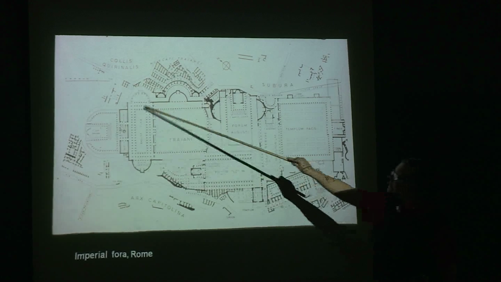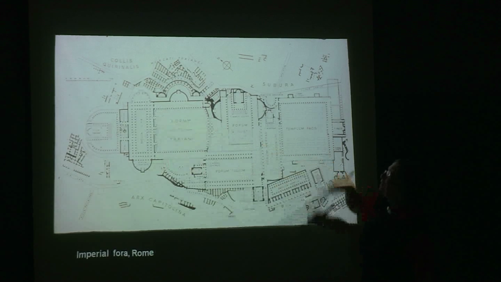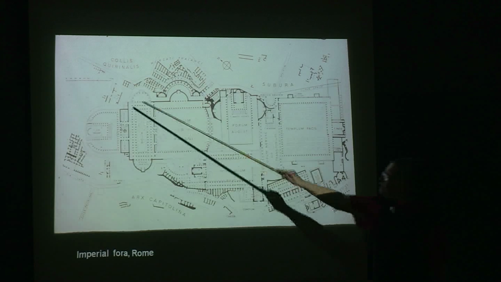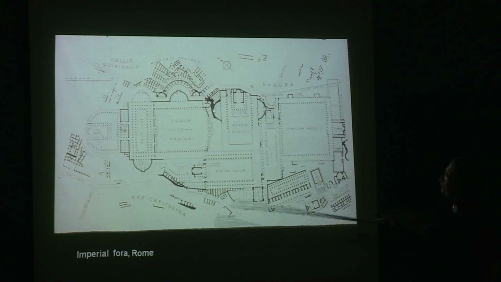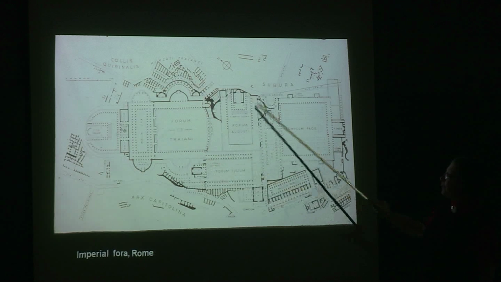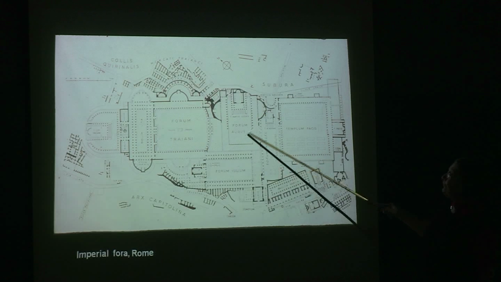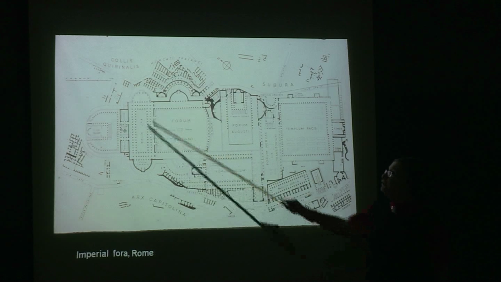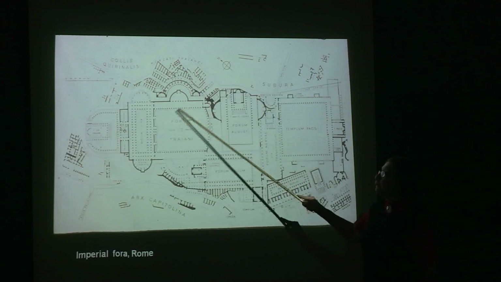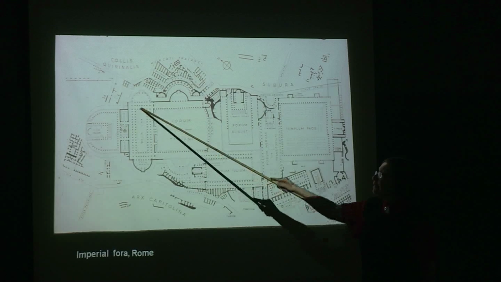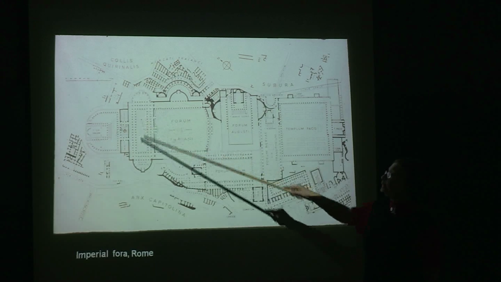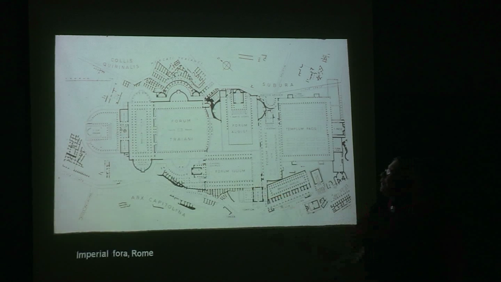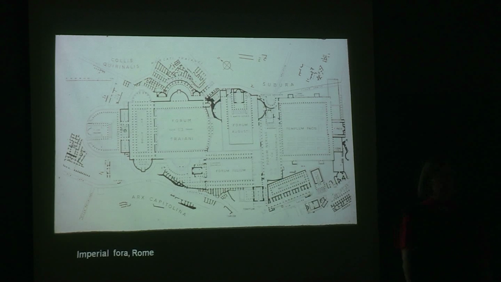The hemicycles are used also for the basilica, the court building. But the Forum of Trajan, even though it's almost 100 years later than the Forum of Augustus, is still utilizing the post and lintel system for the official architecture, both in the inside of the basilica as well as the definition of the courtyards of the Forum.